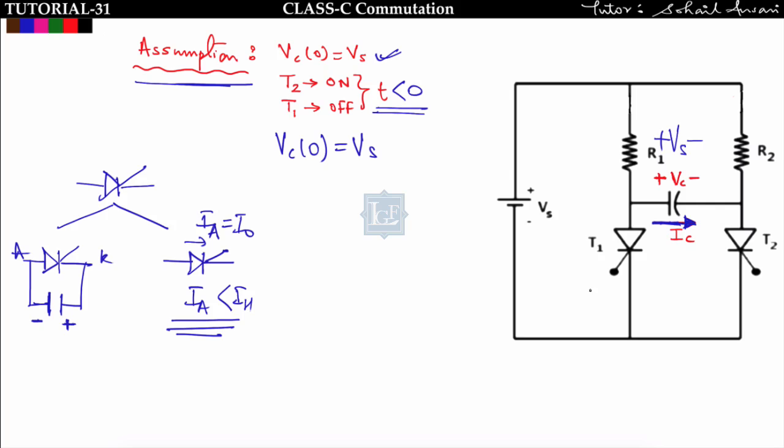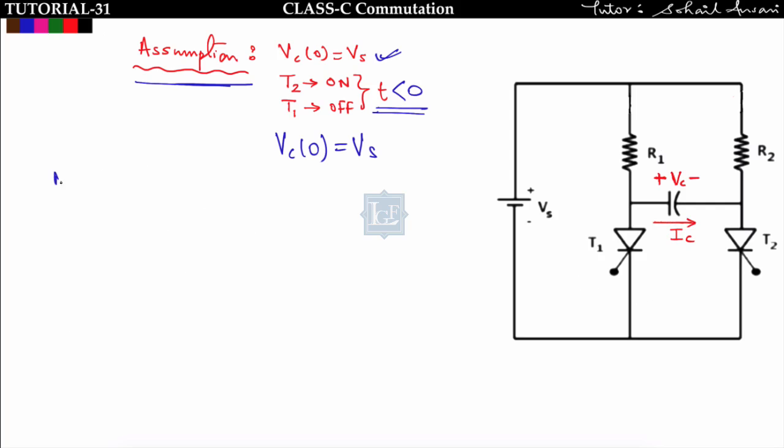Now see which method I am applying in impulse commutation or class C commutation. Let us take this as mode 1, where the capacitor voltage is equal to Vs for t less than 0 and the capacitor current is flowing from left to right. Initially T2 is triggered for t less than 0, that is the assumption.